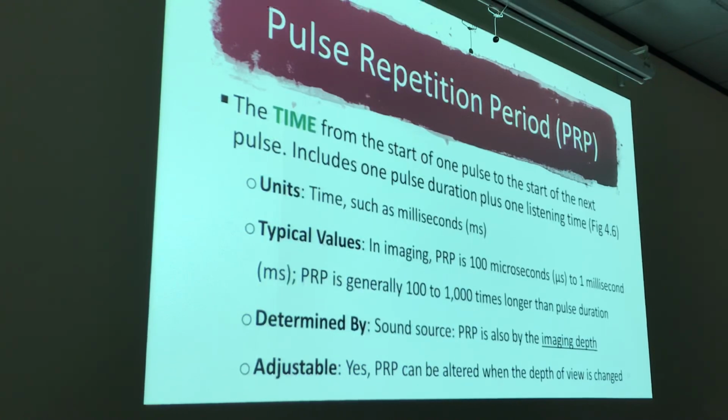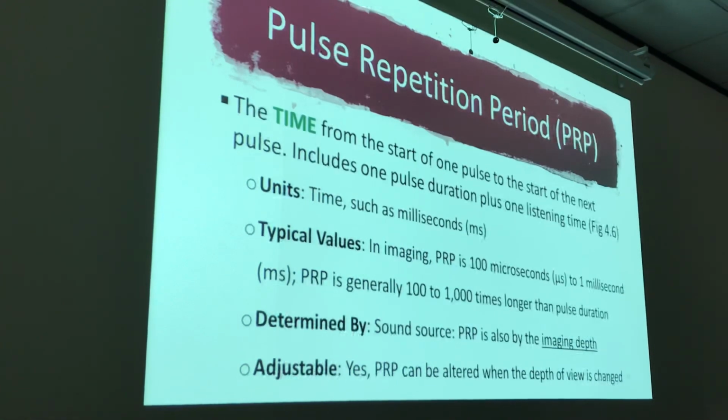So I got a little chart right here I'm going to make. I'm just going to go depth up on this one. If I increase the depth, these two, PRP and depth, they're directly related. My PRP is going to get longer if I increase the depth, all right? So I'm going to write another up arrow right here.